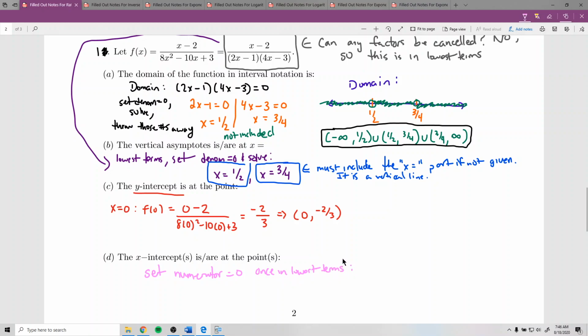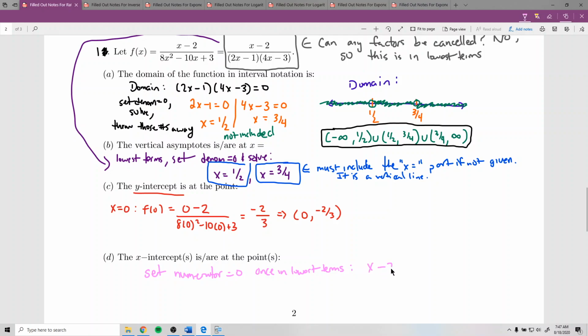Right, so it's pretty much the complete opposite thing of the vertical asymptotes. You get your fraction in lowest terms, which it already is. Vertical asymptotes where the bottom equals 0. The x-intercepts are where the top equals 0. And we've seen examples before why we can just set the top equal 0. But just think about if a fraction equals 0, that means the top is 0. The bottom can be anything else.